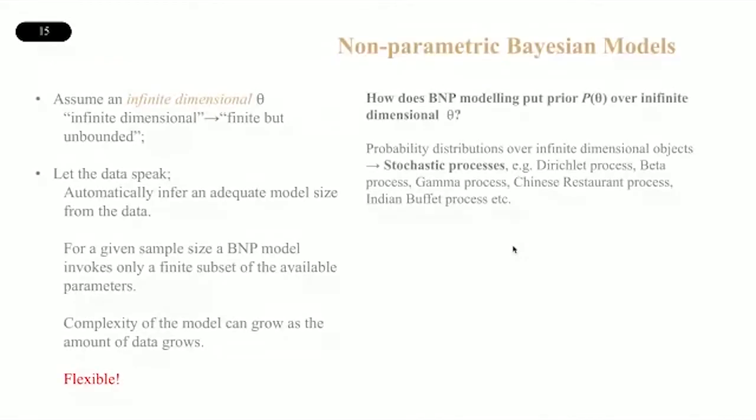What I will talk about now is the Dirichlet process and the Pitman-Yor process, and also about the Chinese restaurant and the Indian buffet process. Let's start with the Dirichlet process.